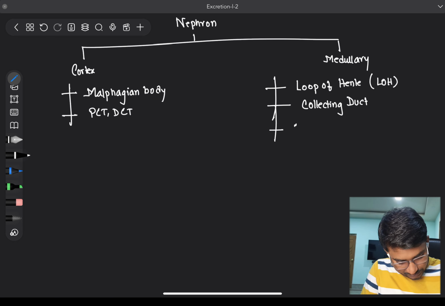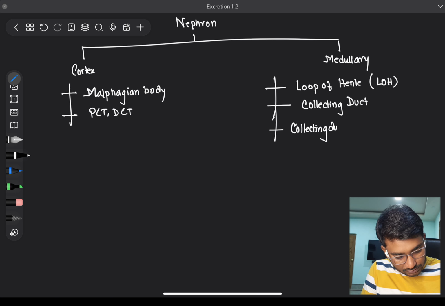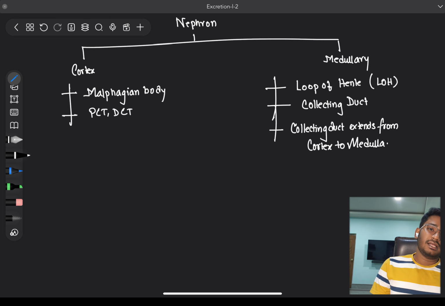The collecting duct extends from the cortex to the medullary part.